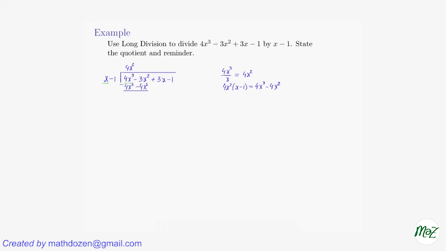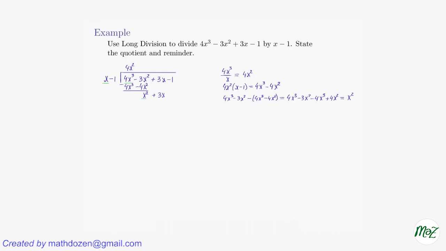So put 4x cubed minus 4x squared below and do the subtraction. It's easy to do it on the side, so I'll have 4x cubed minus 3x squared minus (4x cubed minus 4x squared). So we have 4x cubed minus 3x squared minus 4x cubed plus 4x squared. All of that boils down to a single x squared. That's what is left. Carry 3x over.